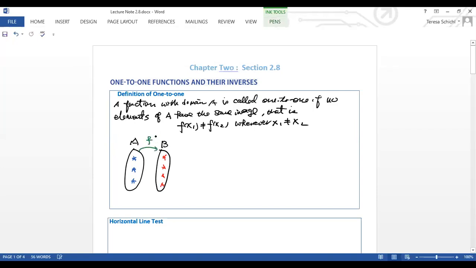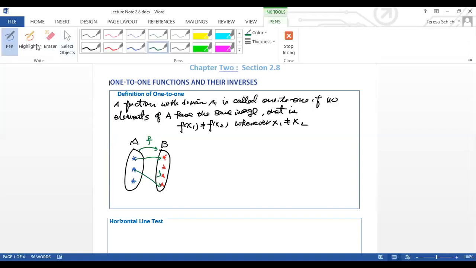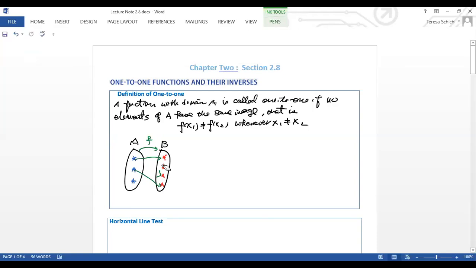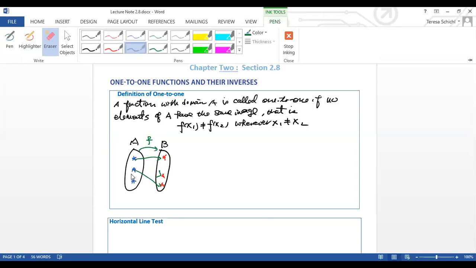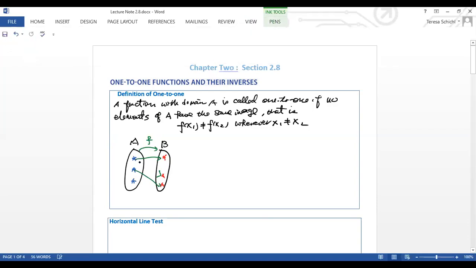As long as one value in the domain gives one value in the range, it is a function. So let me put one more here.